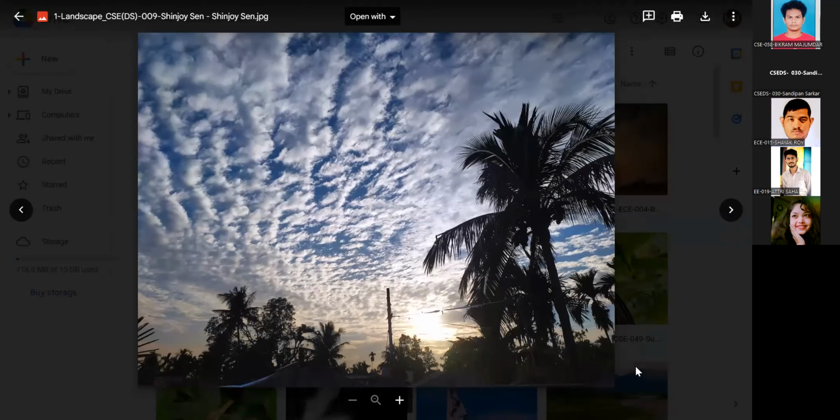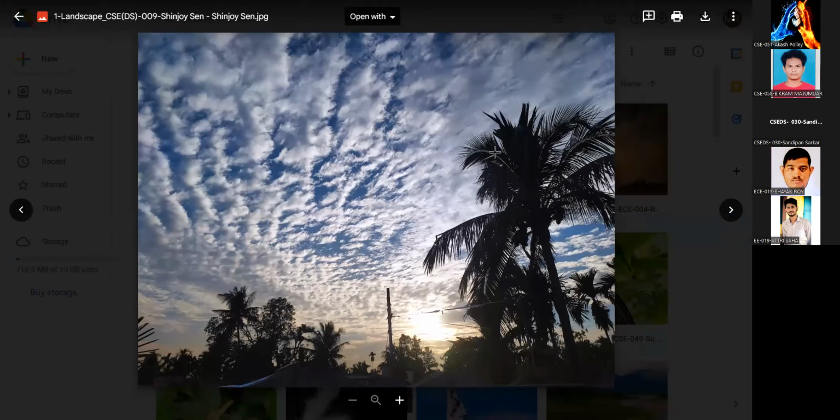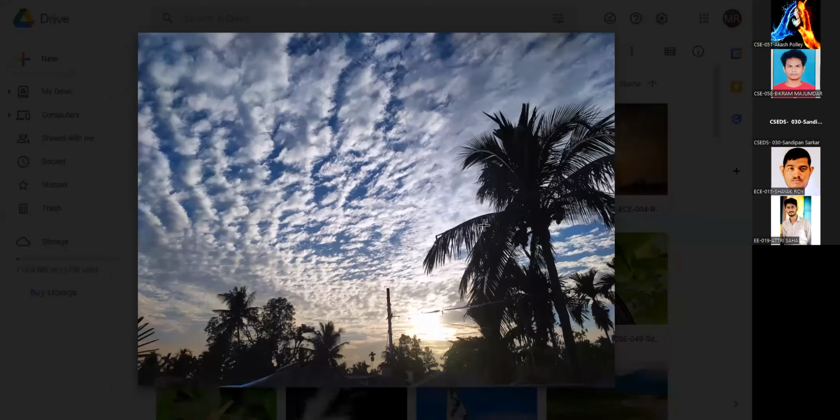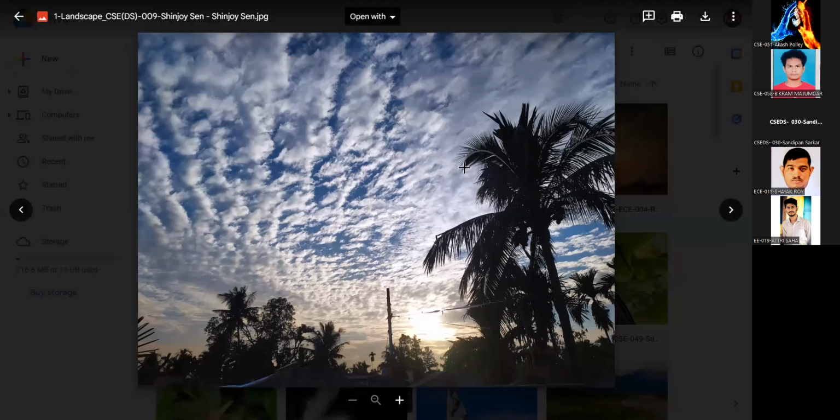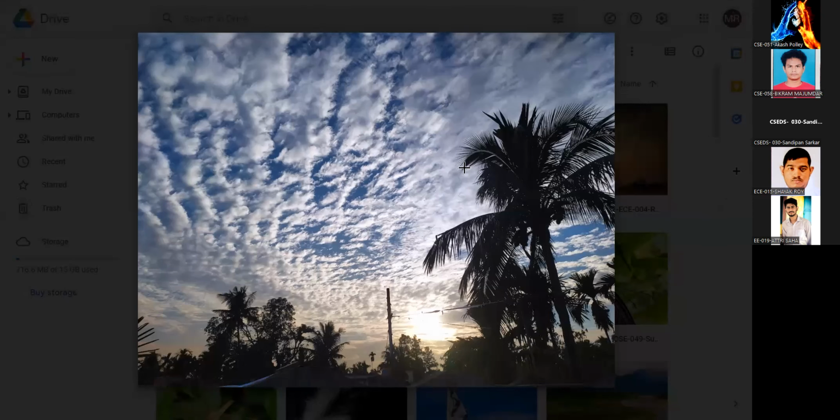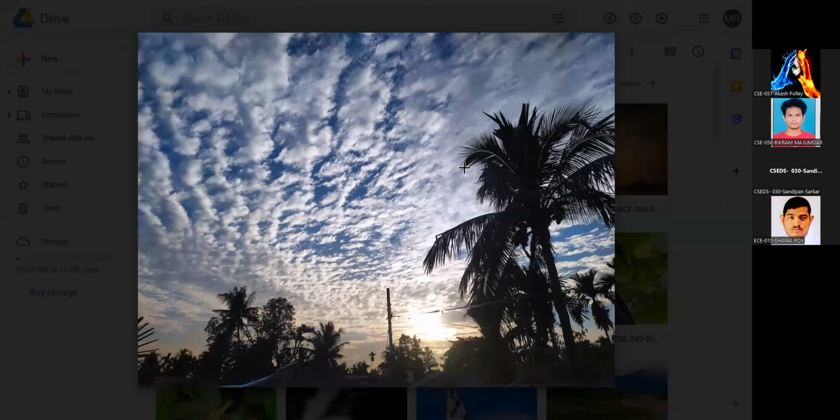Srinjoy Shen. Yes, sir. Okay, Srinjoy. This is a nice picture, but the sky is really dramatic. If you can add something except this coconut tree and all those things, so many other things or a single tree can be added below this sky to make it more attractive.